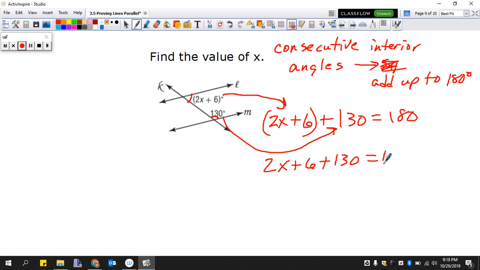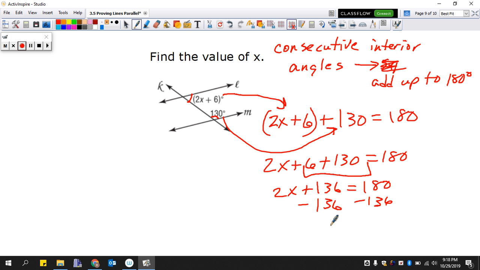Combine your like terms right here. We end up with 2x plus 136 is equal to 180. Subtract 136 from both sides. Cancel out.